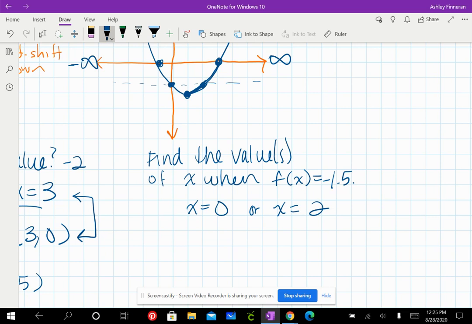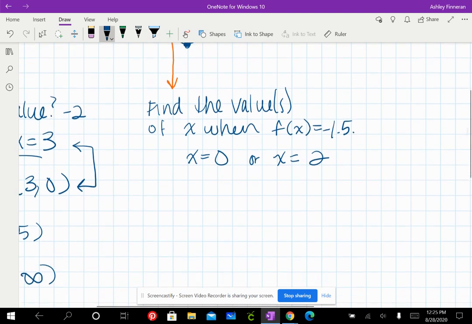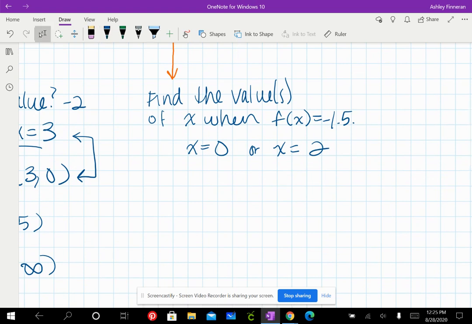Now, the one time you wouldn't be able to solve using the graph is if it didn't hit at a nice value. We know that those 2 points, it hits at a nice value because we graphed those points. Otherwise, you would have to solve. So an instance like that, when it doesn't hit nicely, find the values of x when f of x is equal to 12.